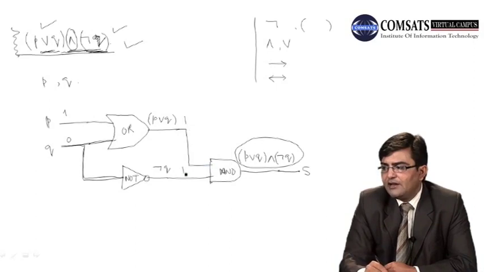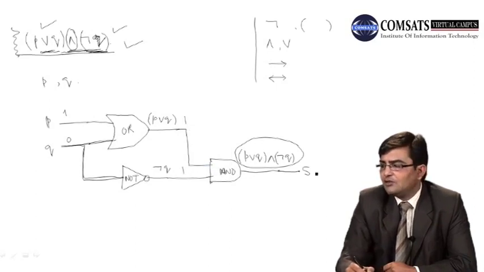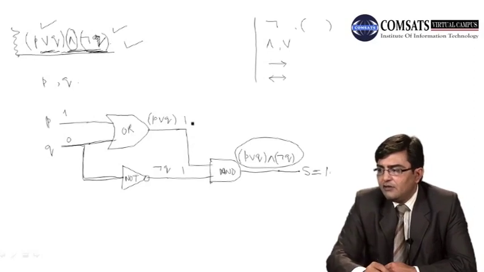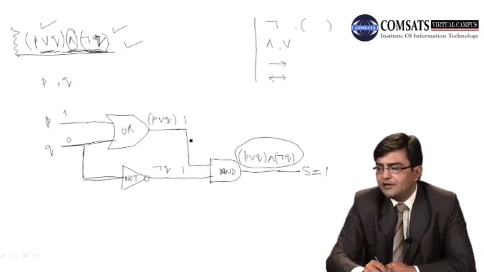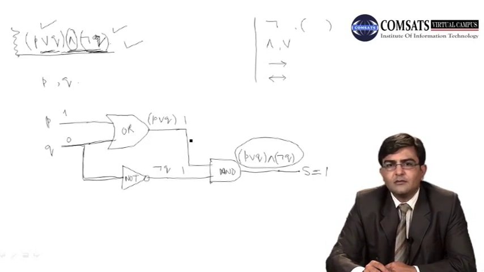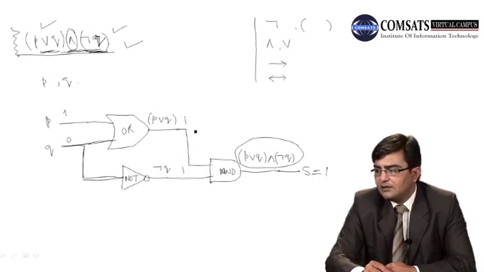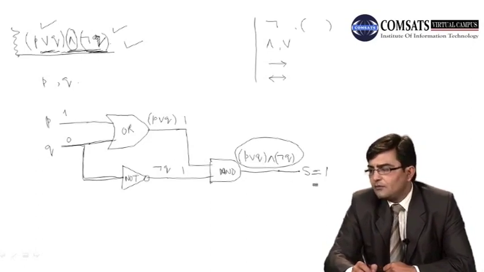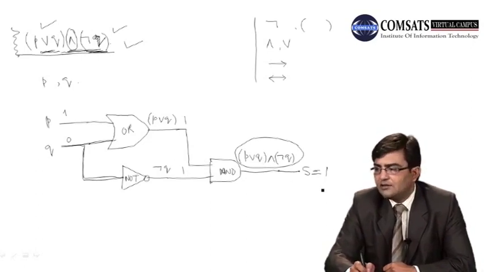Now here we have 1 and we have 1 here, and we have the AND operator here. So what will be the output here? This will be 1, because we have 1 here and 1 here, and in the conjunction operator, the AND operator, if both inputs are 1, 1, then P and Q is 1.